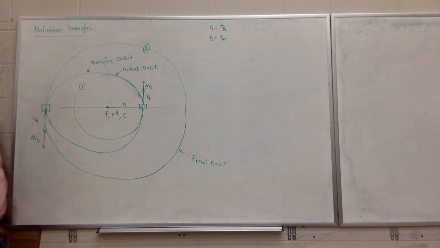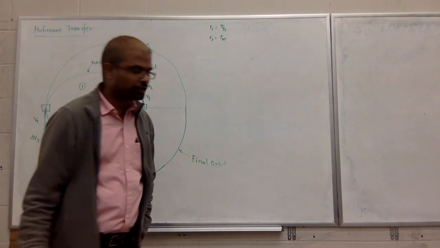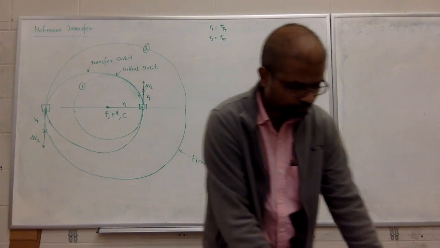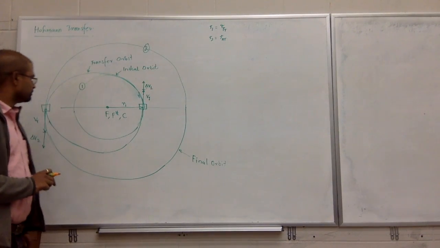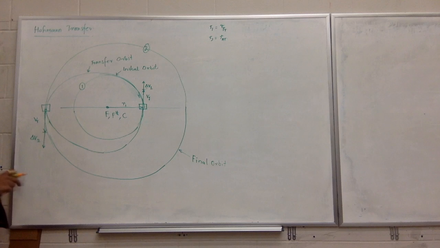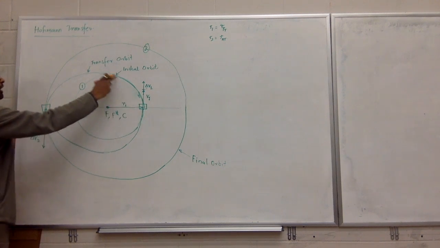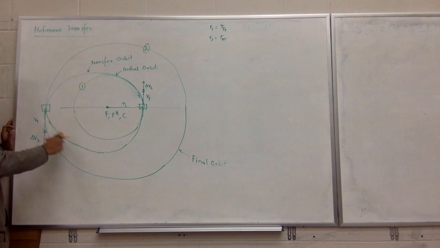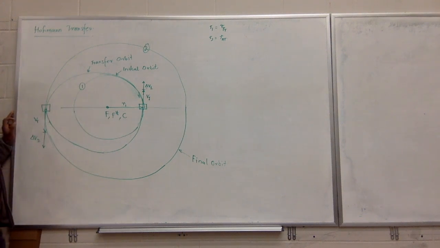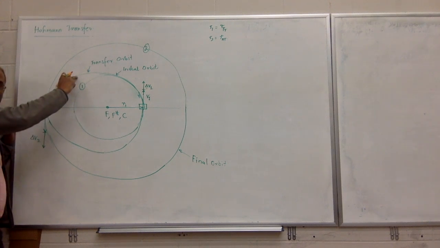So what's going to happen is if you fire the thrusters, what is the largest orbit you can get into in this orbit? Apoapsis, right? You see that? If you fire thrusters here, this will be your apoapsis.